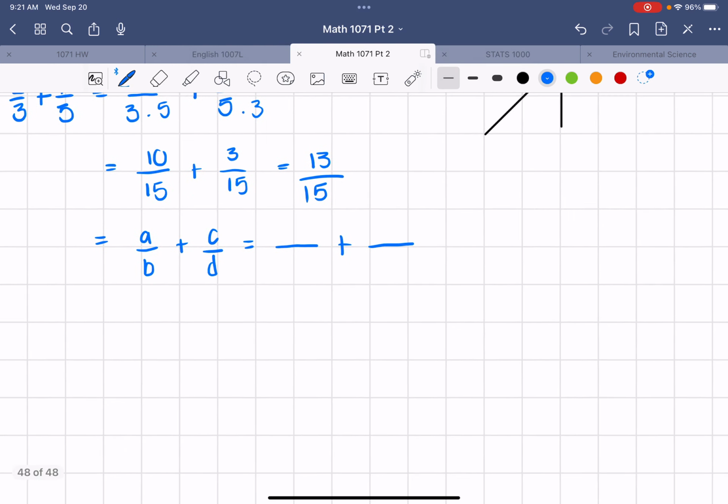The common denominator is b times d. So multiply the first fraction, numerator and denominator, by d. The second fraction, multiply numerator and denominator by b. And so now the common denominator is bd, and your numerator is ad plus cb.